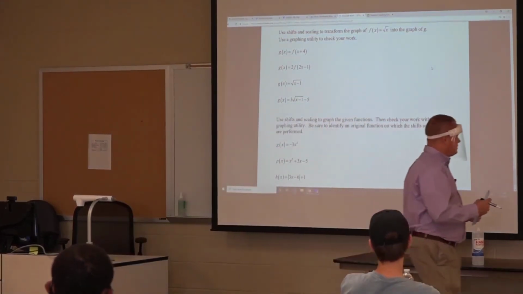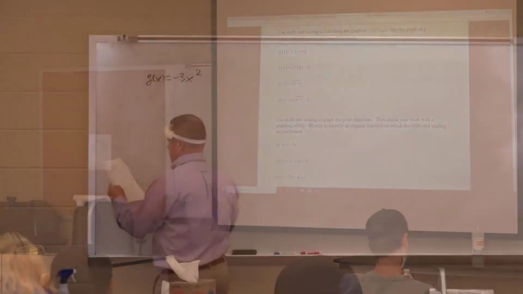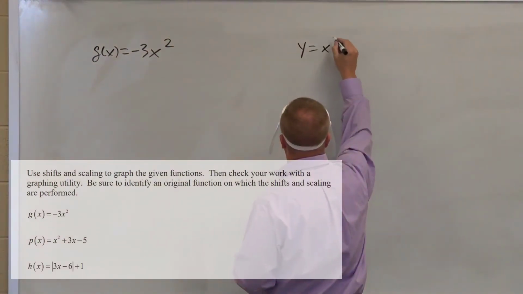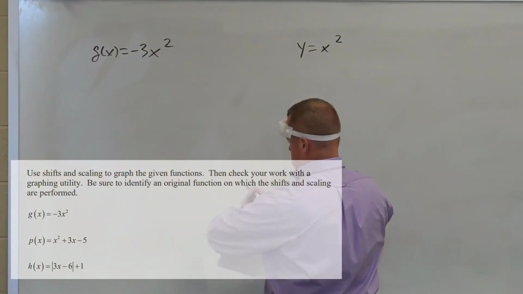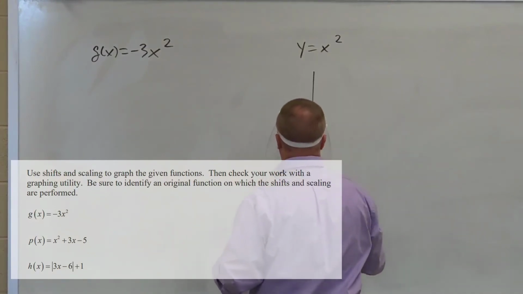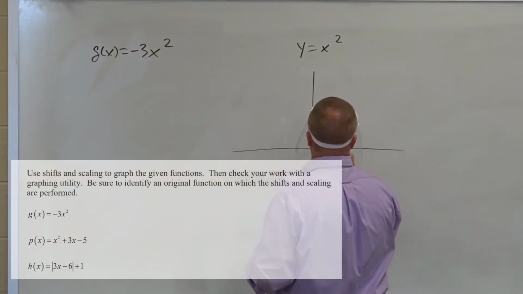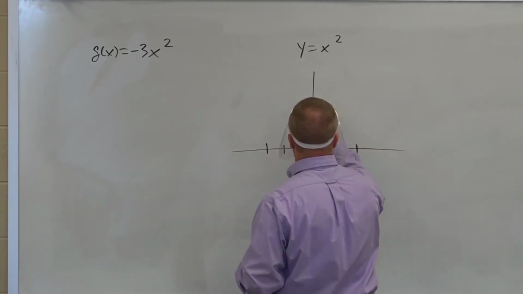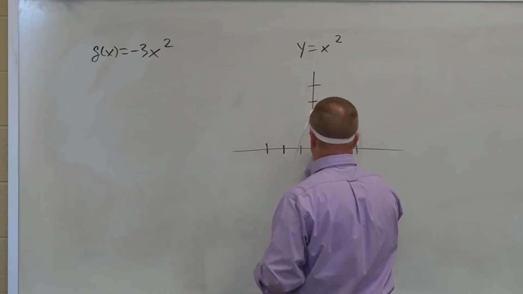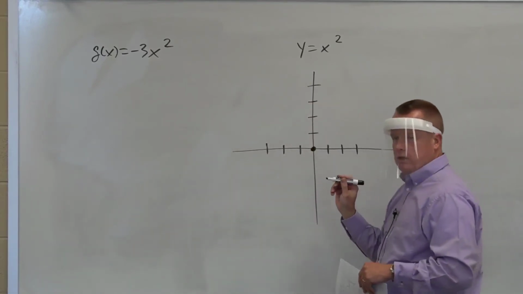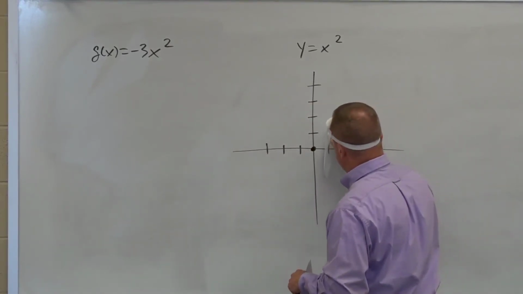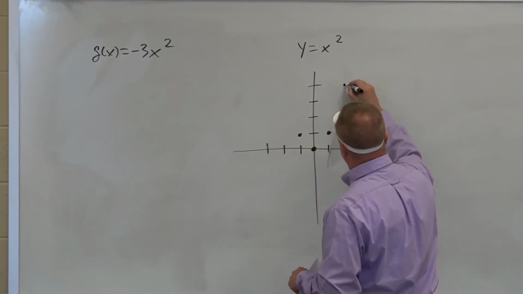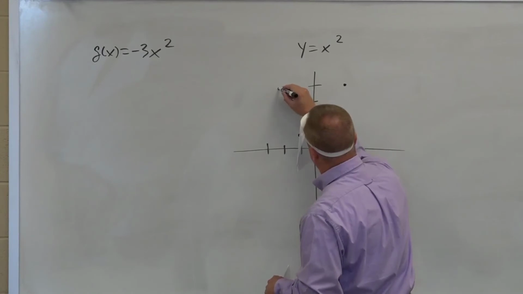All right. Look at g of x equals negative 3x squared. Okay. So if you take that parent function that we've got, y equals x squared, remember, then you have a vertex at 0, 0. You've got points at 1, 1, negative 1, 1, 2, 4, negative 2, 4.